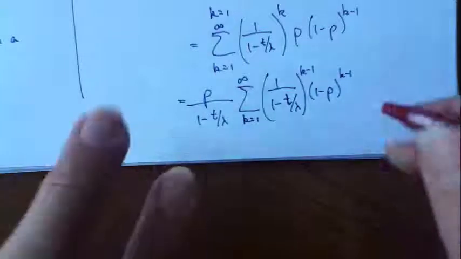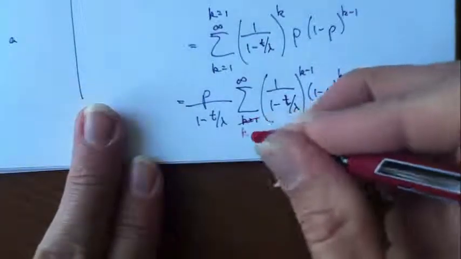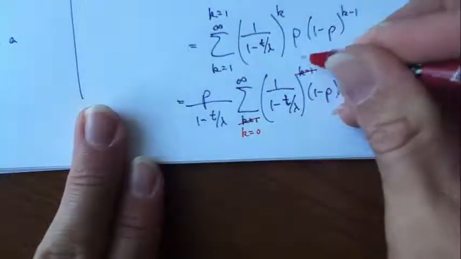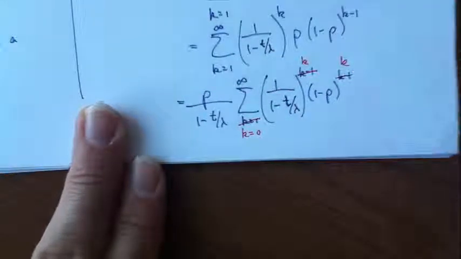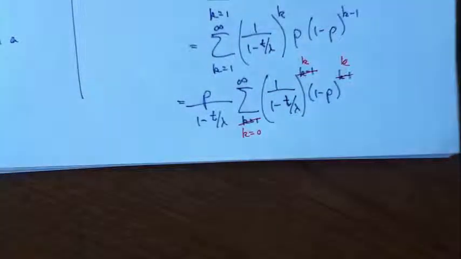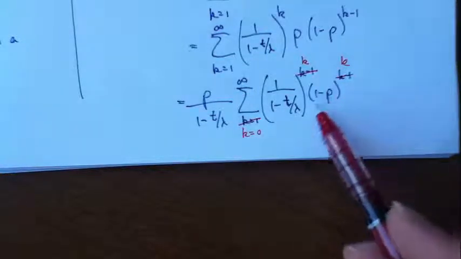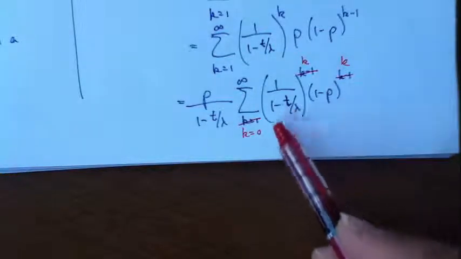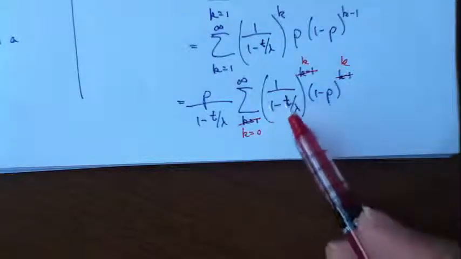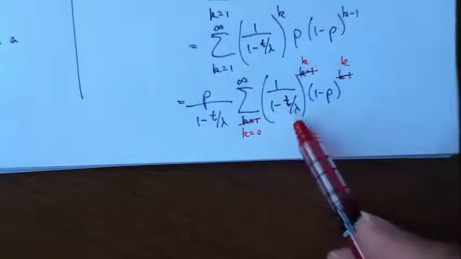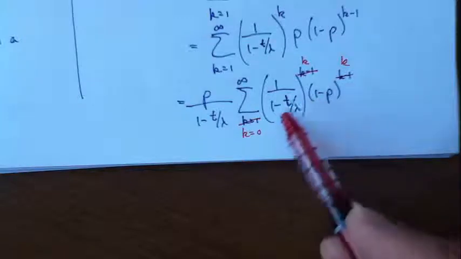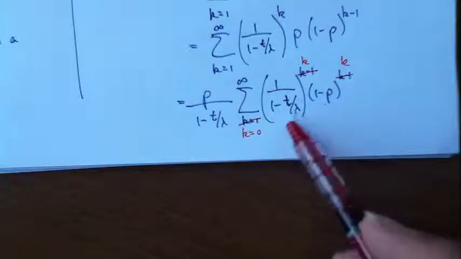Now I'm going to make a change of index. I know that this stuff is bounded by 1, and this stuff is also less than 1 in magnitude for certain values of t.